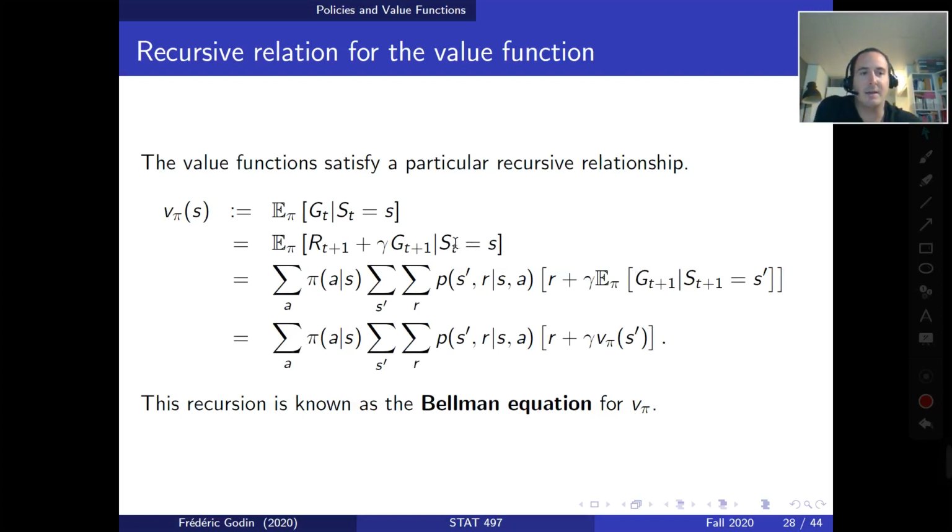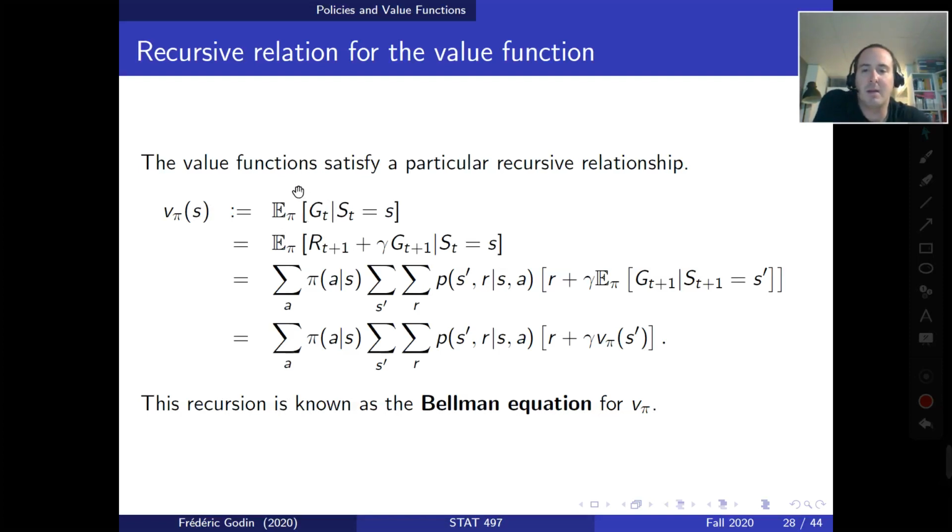So we're going to see a recursive relationship which applies to the value function associated with a policy. v pi s, by definition, is the expected return at some time point t. t can be any t: t equal to 0, 1, 2, 3, etc. Any generic t will do.